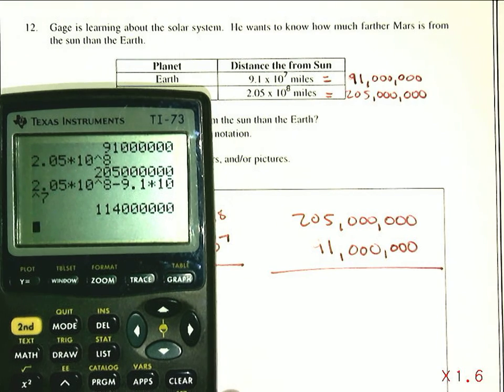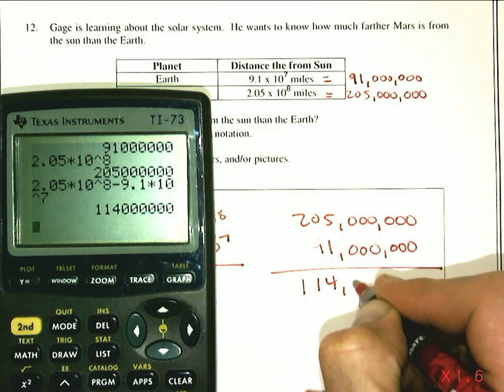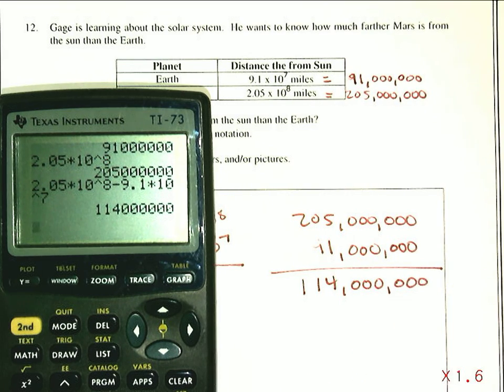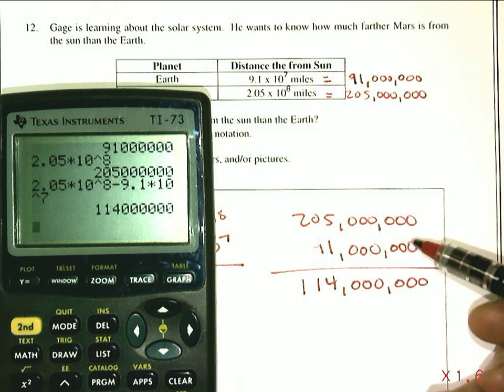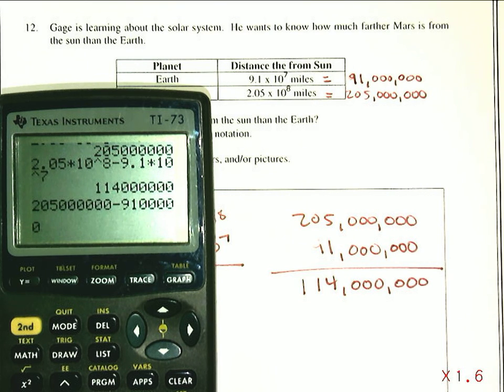In standard form, I'm going to put that answer over here because I've been asked in this problem to also put it in scientific notation. And I want to make sure that you can see that I'm going to get this answer if I put these numbers in as well. So if I go 205 and then 6 zeros, and then I subtract 91 million, 6 zeros.